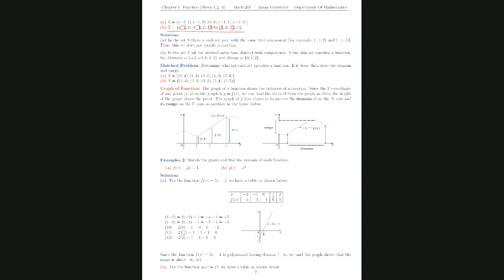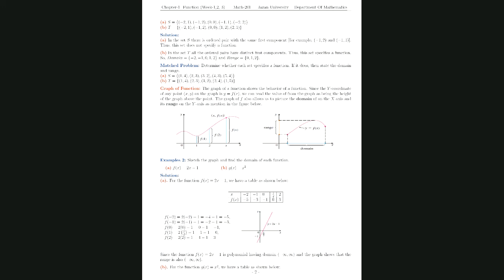So how to define it? You check: if one input appears 2 times or 3 times, then it is not a function. If each input appears 1 time, then it is a function. That means every input in this set appears 1 time.